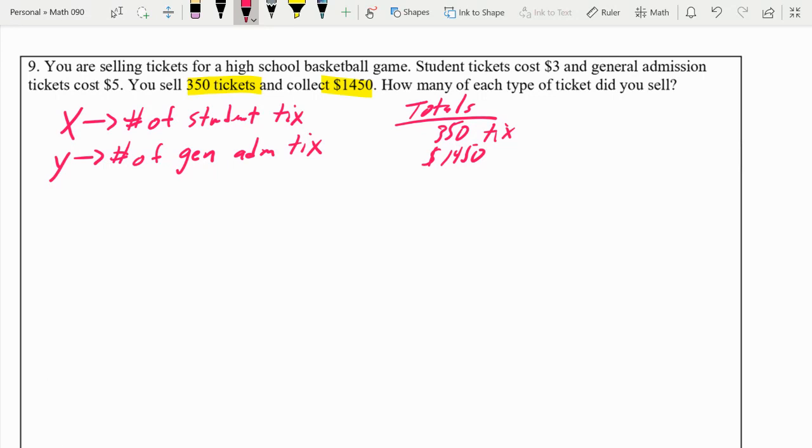When we do this one, what are your 2 equations going to be? You think about the equations. How am I going to get something to equal 350 tickets? How am I going to get something to equal $1,450? Erase the dollar sign because you don't need it.